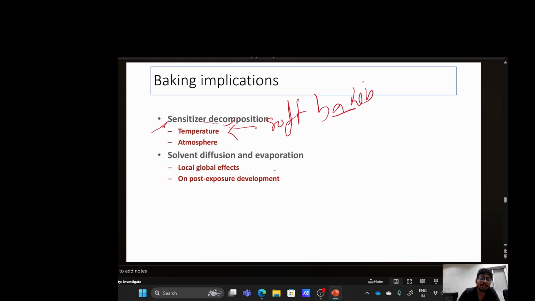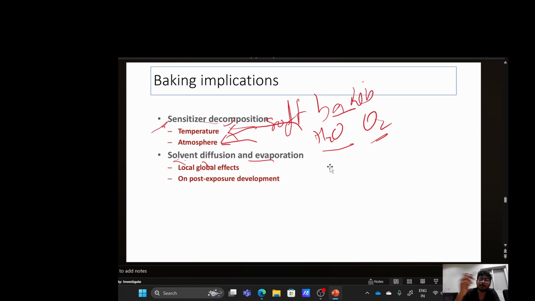Then the atmosphere: H2O and O2 may affect this sensitizer if you are exposed to the outer environment. And then there is diffusion and evaporation of the solvent, so this solvent gets diffused.